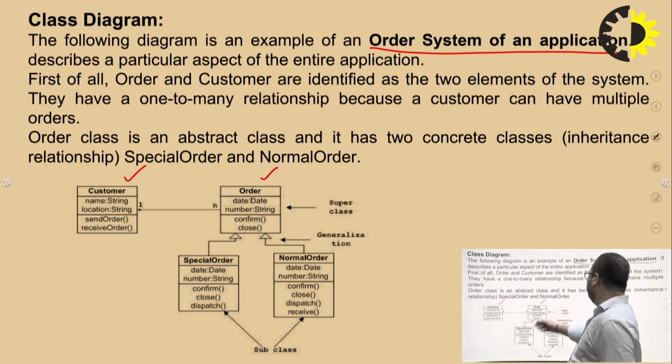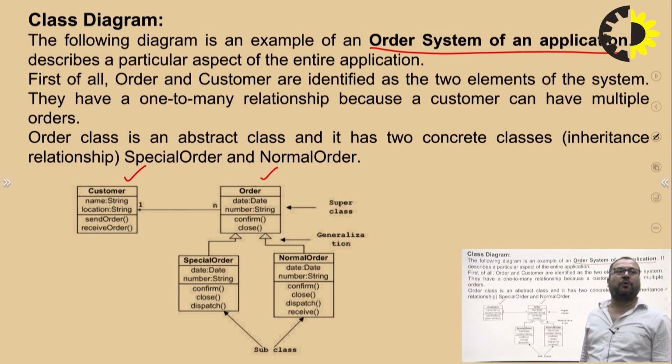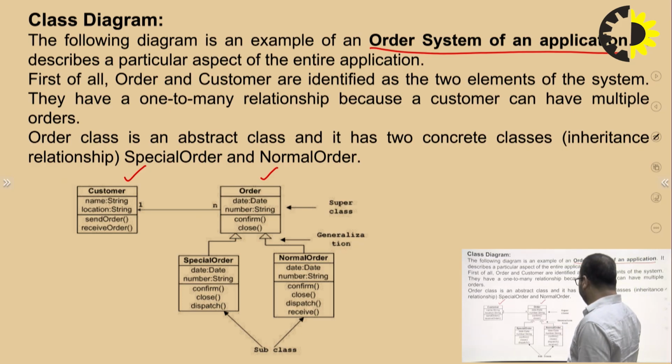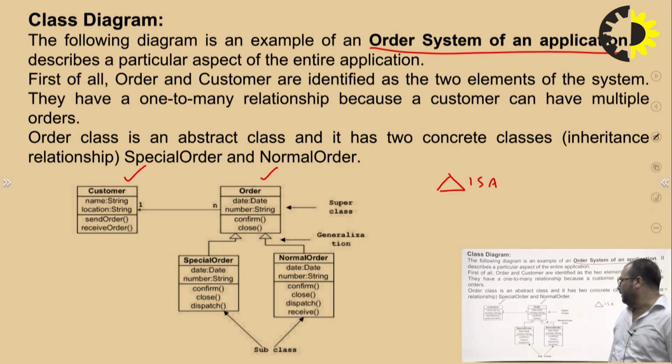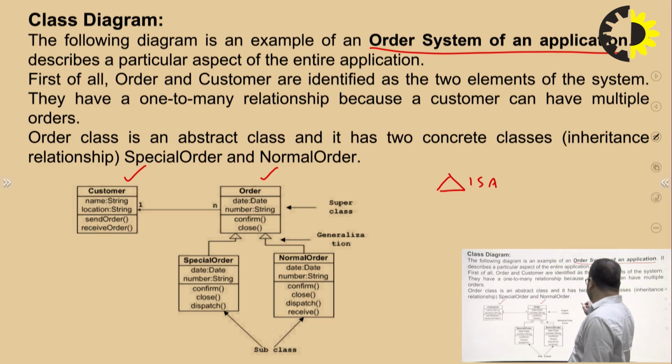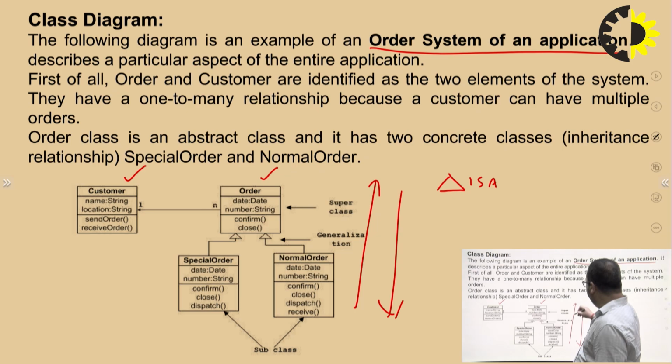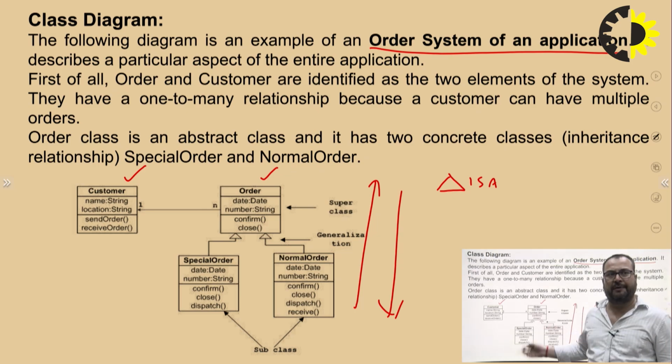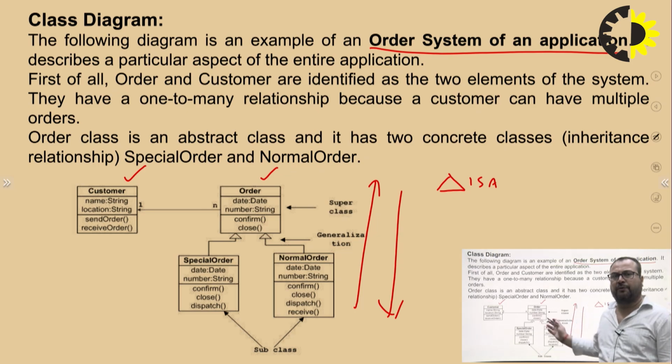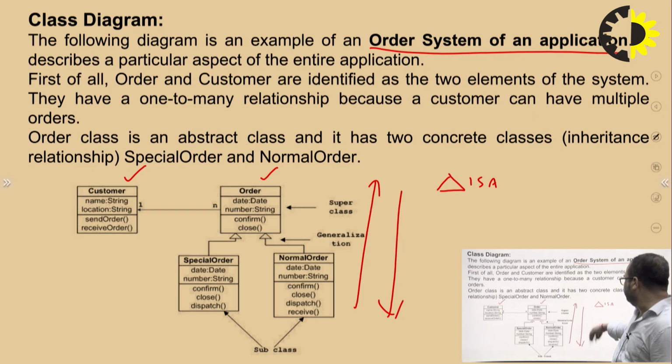So even this class could be specialized into two categories, that is the special or normal order, and that is represented in UML by a triangle component, called the ISA component. So we can say that this one is specialization, and from bottom to top, for this class, it could be generalization, and top to bottom is specialization.